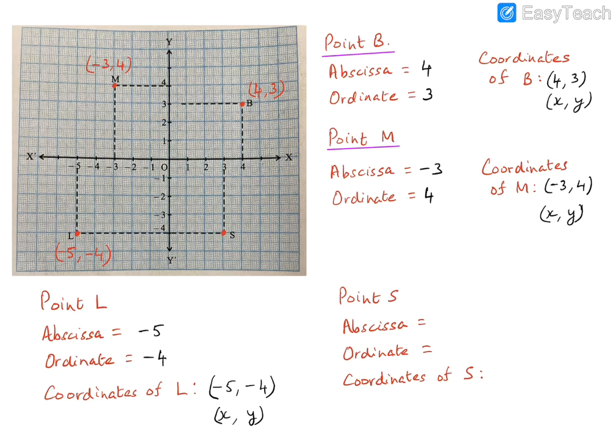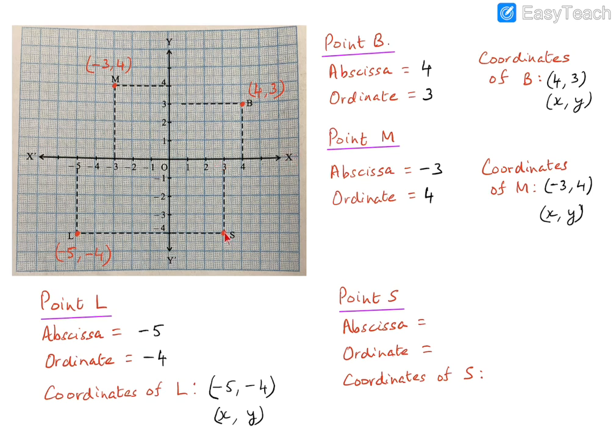So now coming finally to the point S, what is the abscissa for the point S? The line from S to the x-axis intersects the x-axis at the number 3. So the x coordinate of the point S is going to be 3.